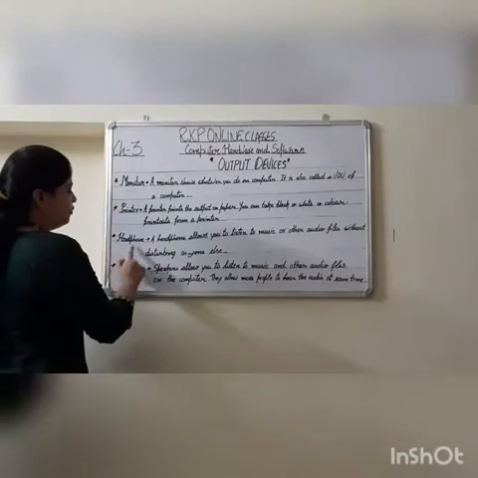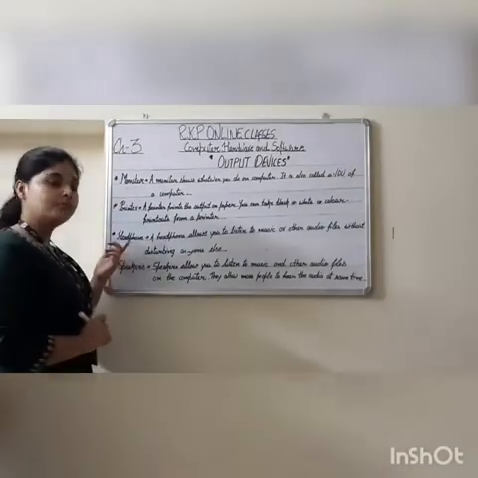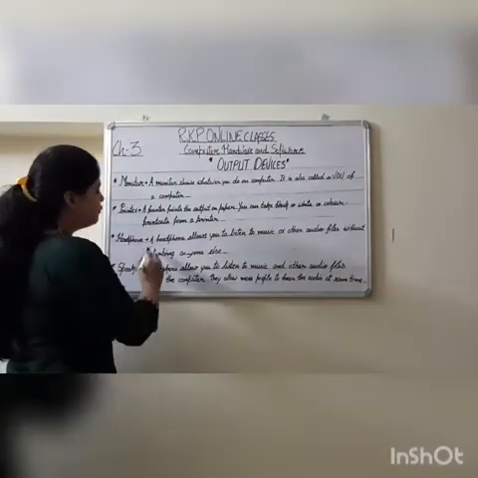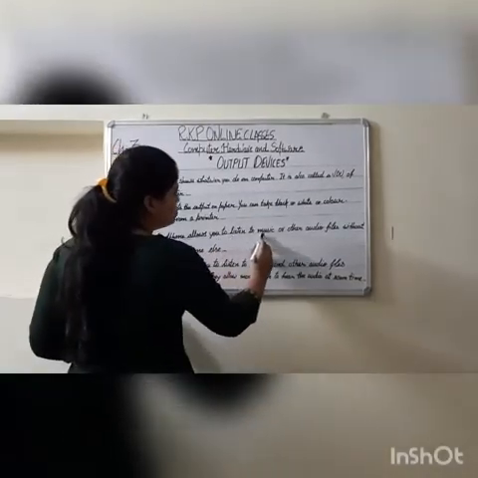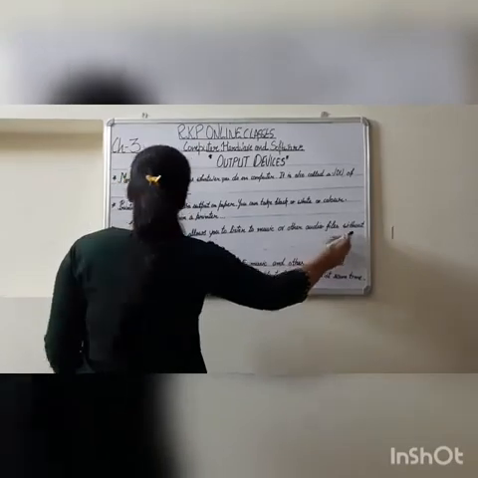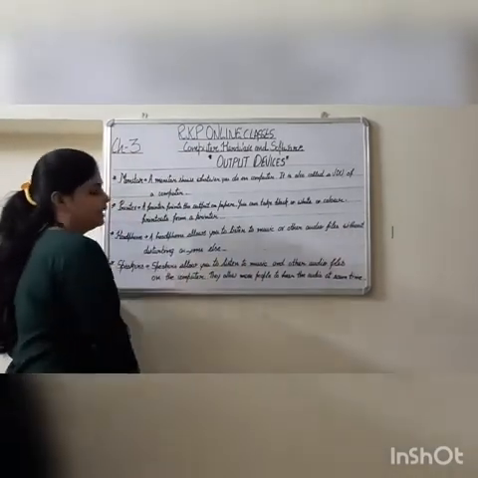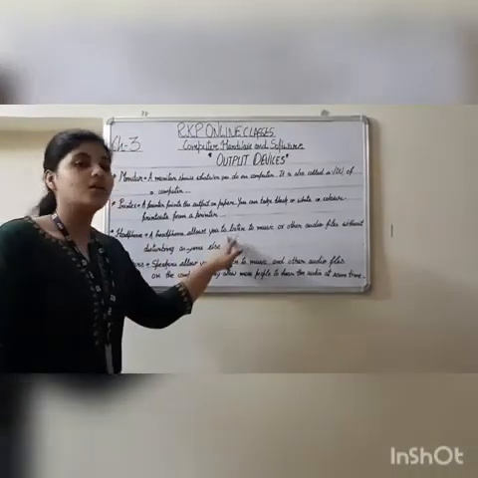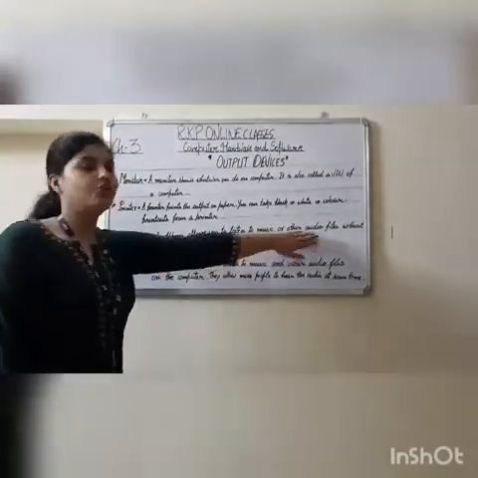Next is the headphone. It is also a popularly used output device. A headphone allows you to listen to music or other audio files without disturbing anyone else. What is the function of a headphone? It allows us to listen to music or audio files.